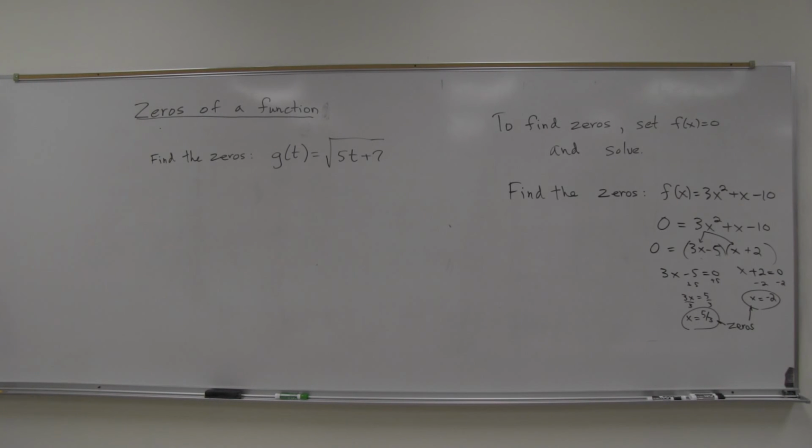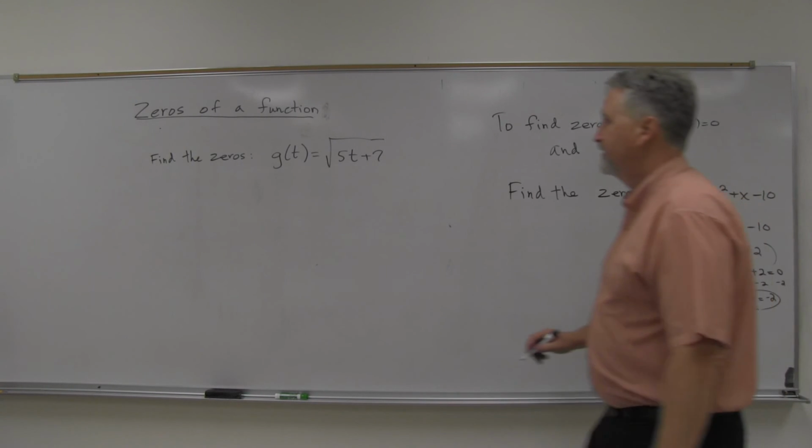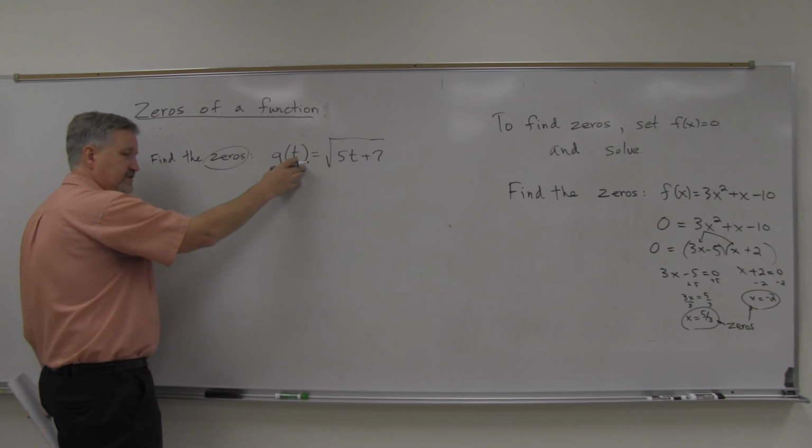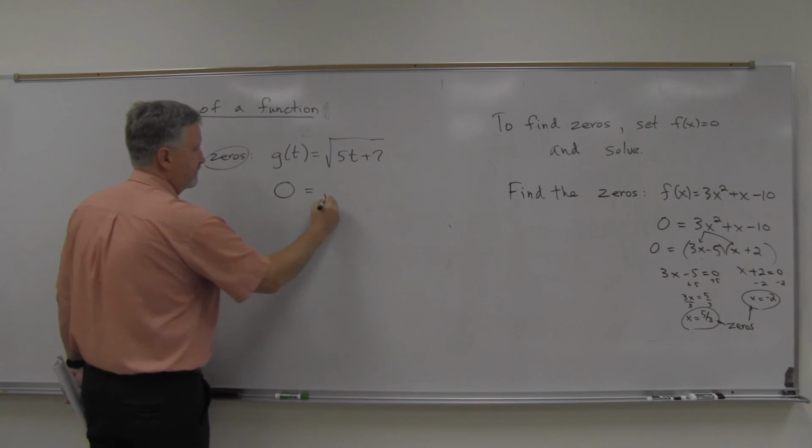Same thing? Yes, I think so. We're going to set the function value. It may not be f of x. In this case, the function value is g of t. So I'm going to set g of t equal to 0. The zeros are just where the function value is 0.